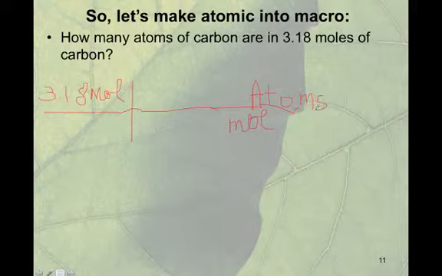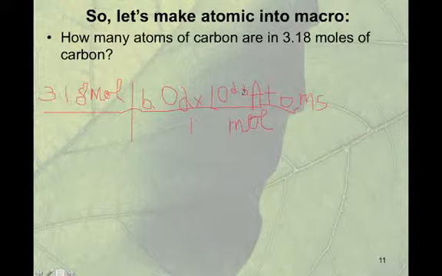Now we know the conversion factor we're going to use is in 1 mole there are 6.02 times 10 to the 23rd atoms.